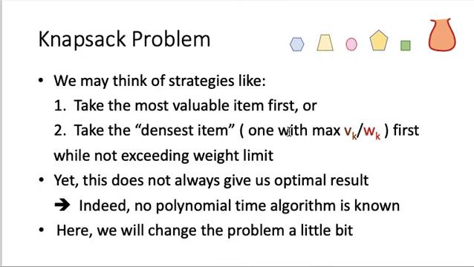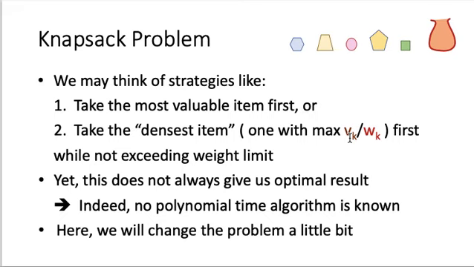Now we may think of some strategies like this. So perhaps we will pick the most valuable item first, or we take the so-called densest item. So the item that has the maximum value over weight ratio first. So with the same amount of weight, it has a higher value.